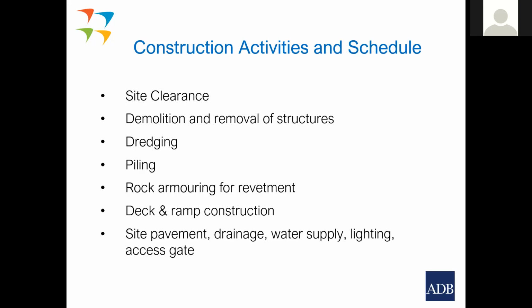Thirdly, dredging. Then after the dredging, piling for the new platform. After piling, rock armoring for the revetment, and then deck and ramp construction. And finally, site pavement, drainage, water supply and lighting for the main land side part of the wharf.